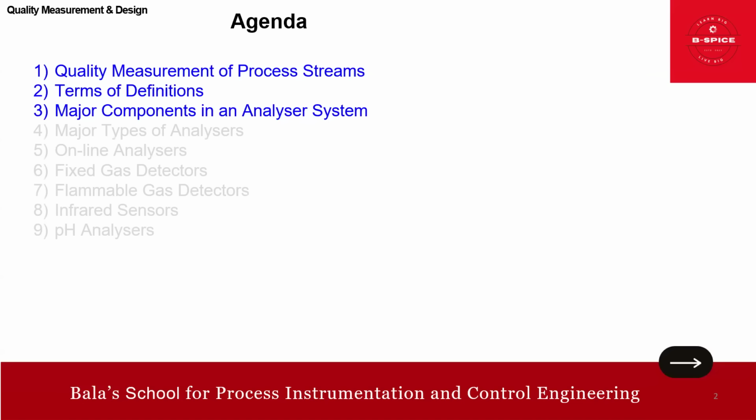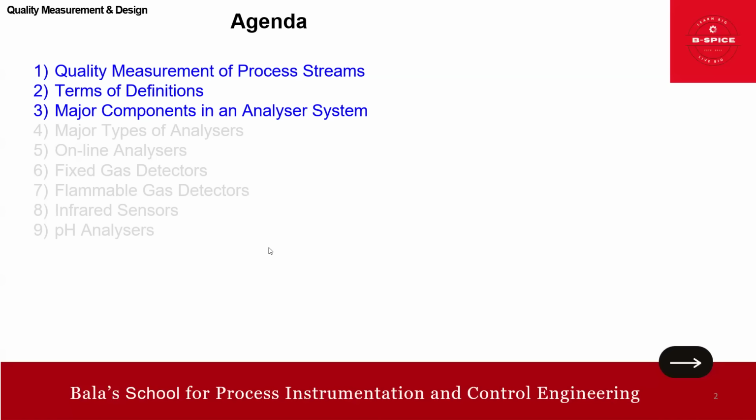The pH analyzers, oxygen analyzers and TOC, all we have already covered as part of the mastering analyzers videos. So here I want to give a concise concept under the quality measurement design playlist. Okay, so that's it.